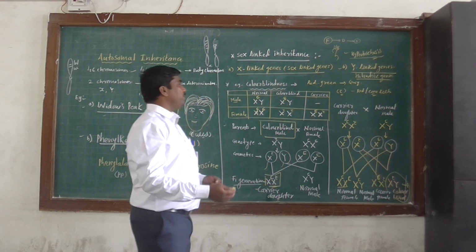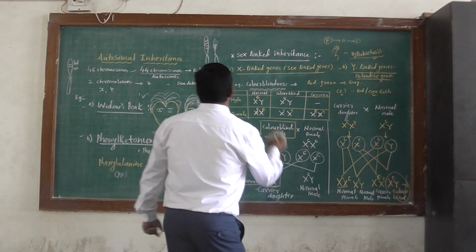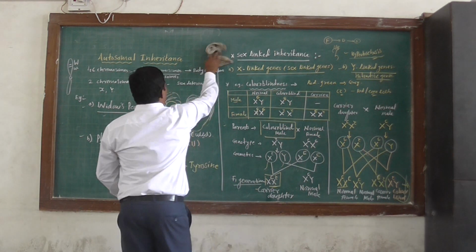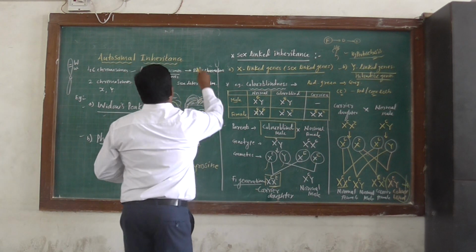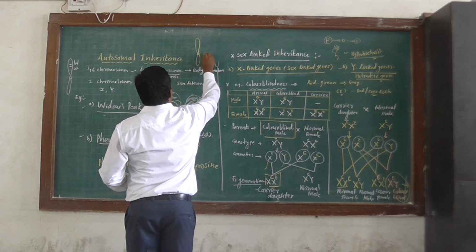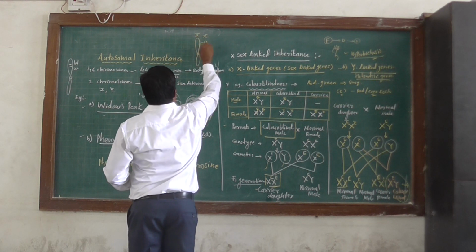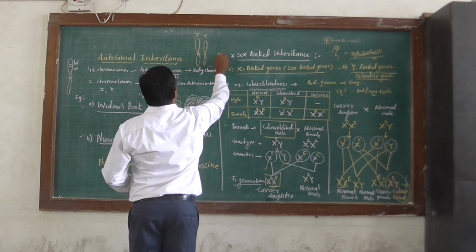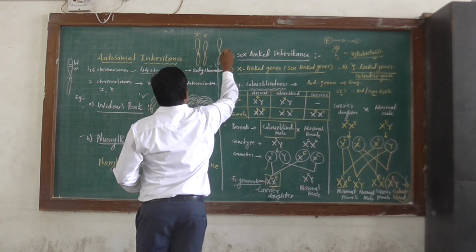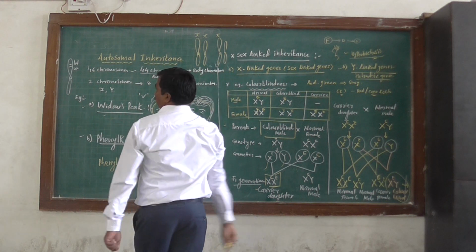So why do X-linked traits appear more in males than in females? The answer is that a female has 2 X chromosomes, so X chromosomes are in double dose in a female, while a male has only 1 X chromosome and another Y chromosome.